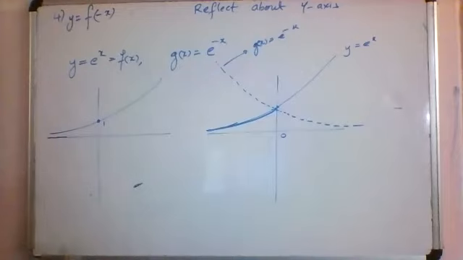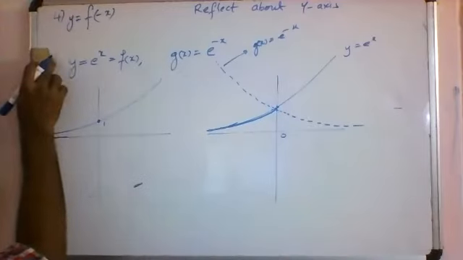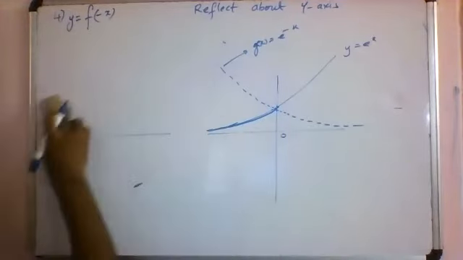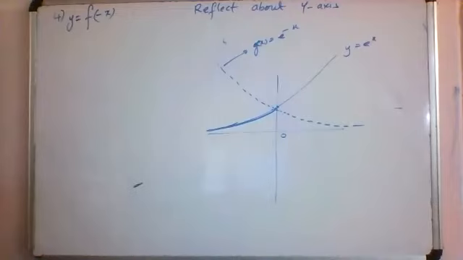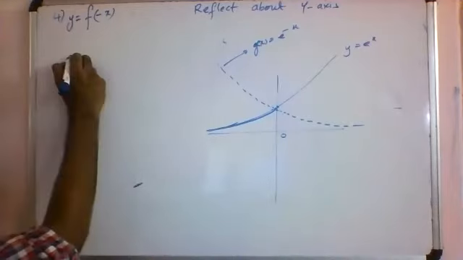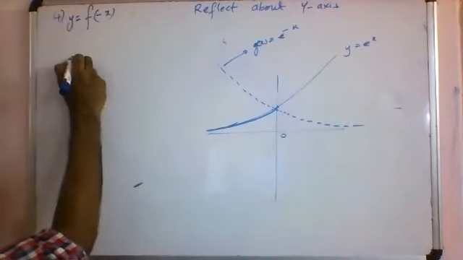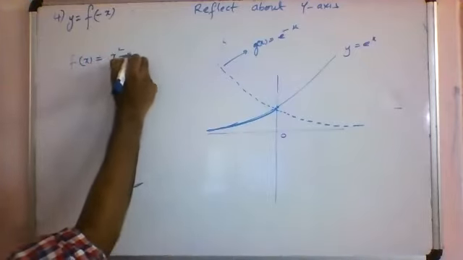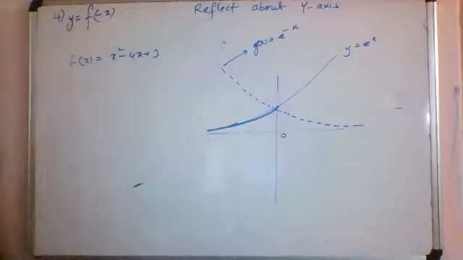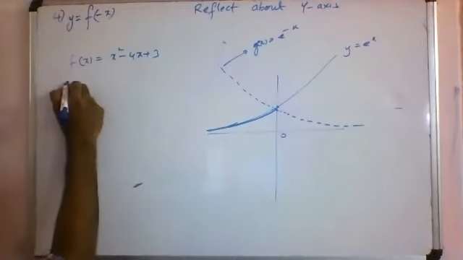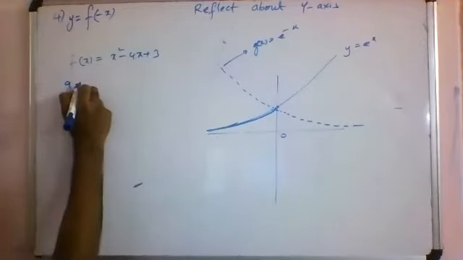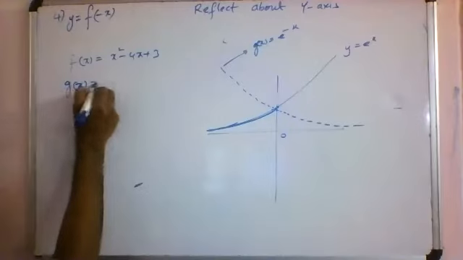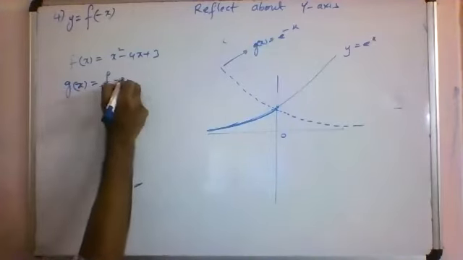Let us take one more example. f of x is equal to, I take the same example, x square minus 4x plus 3, up open parabola. And basing on this, I have to write g of x, which is nothing but f of minus x.